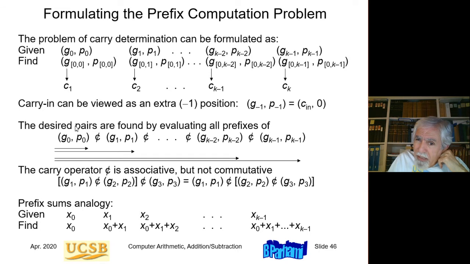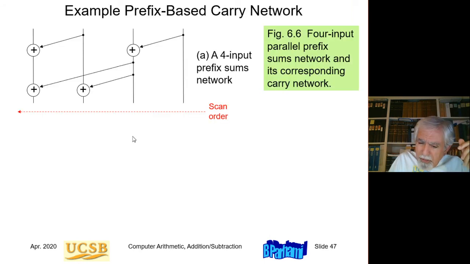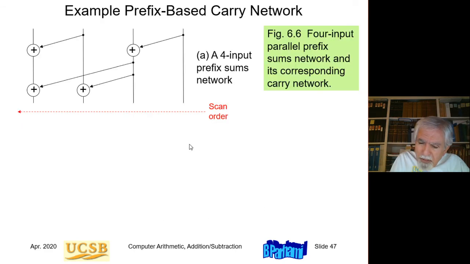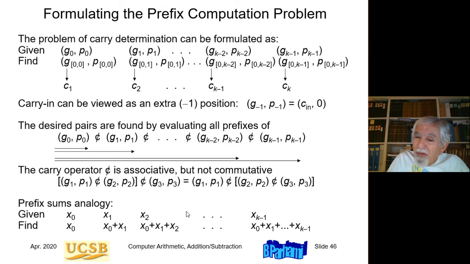But it does matter whether you compute G0, P0 carry operator G1, P1 or in reverse order. So as long as we keep the ordering intact, any circuit that computes these prefix sums for us can be converted to a carry circuit by simply replacing the adders with carry operators and the integer inputs with these pairs of bits. So this will become clear.